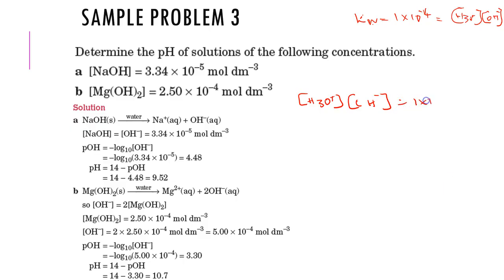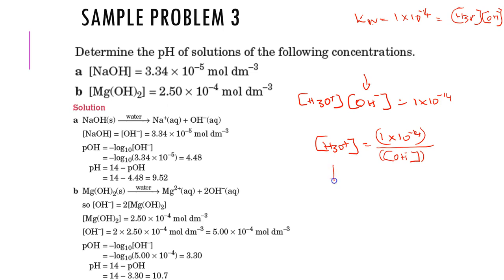to 1 times 10 to the negative 14, that means that anytime I'm given a concentration of OH-, I can find the concentration of H3O+ by taking 1 times 10 to the negative 14, keeping that all in brackets in my calculator, and dividing by the concentration of OH-, again remembering to keep everything in there on the denominator in brackets when I use my calculator.